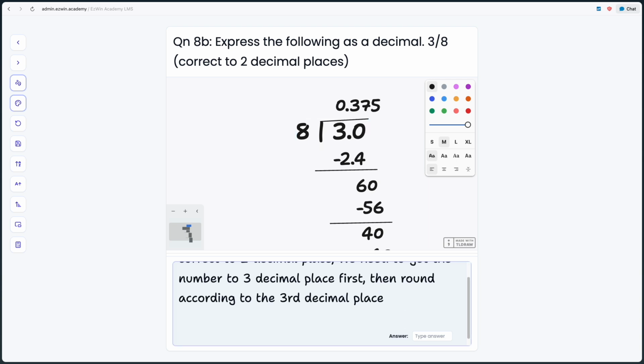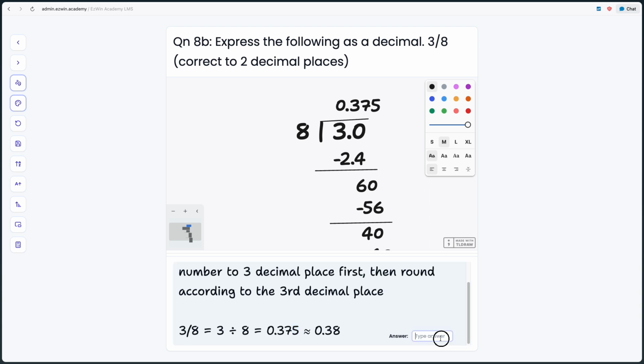So in this case, 3 out of 8 is equal to 3 divided by 8, and the answer is 0.375. And we need to round to the second decimal place. So 0.38, since to round up, the digit must be 5 or more. And it is. So we just round up to 0.38.